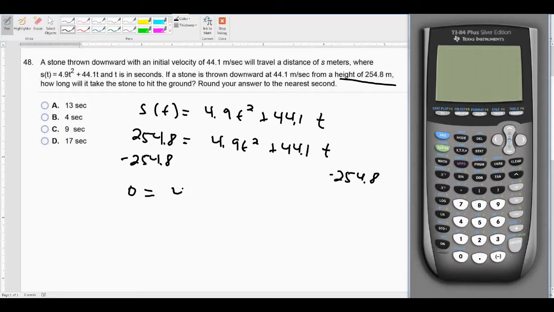We get 0 equals 4.9 t squared plus 44.1 t minus 254.8.